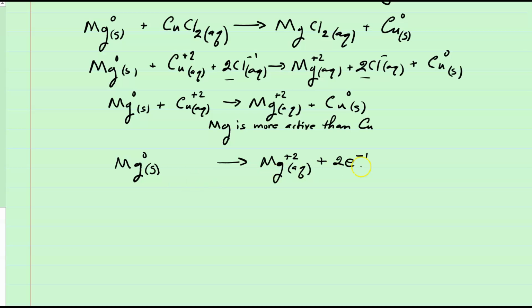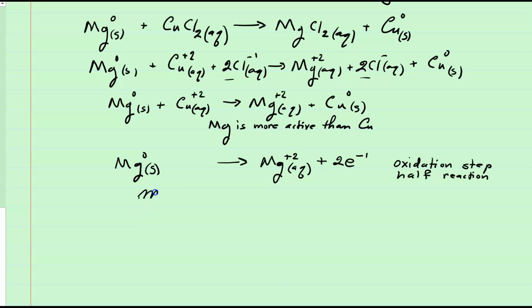So this step right here is called the oxidation step, or the oxidation half reaction, because it's half of the reaction. Now every time you have an oxidation, you have a reduction. But first, let's make sure we understand what happened there: the magnesium was oxidized.